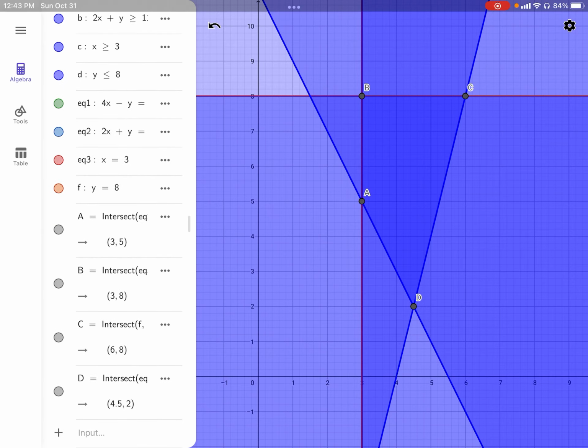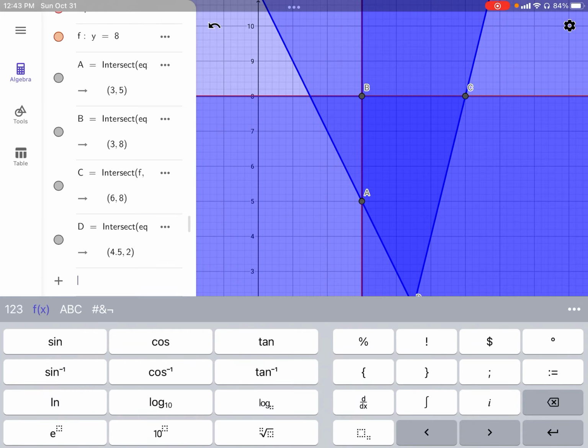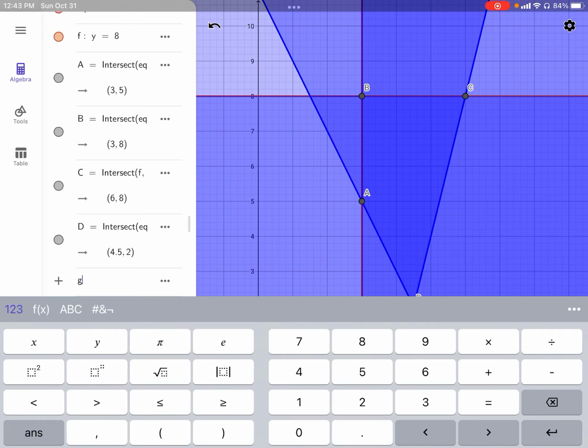So again, this is the trickiest part if you want to continue using GeoGebra, I need a G, because F was used, or H, or any other letter, okay? And we do x comma y.